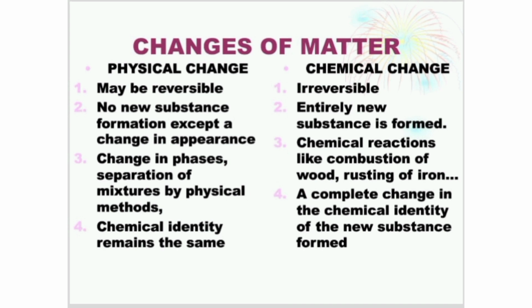Summarily, we say that physical change is that particular change that matter undergoes which is easily reversible and in which no new substance is formed. While on the other hand, a chemical change is not usually reversible, and in all cases, you have new substances formed. What are the examples?